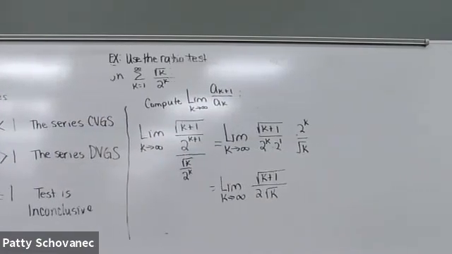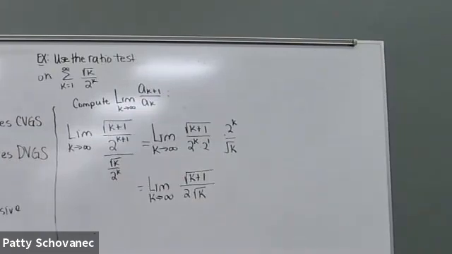Still want to catch up with you guys. Okay. So the a_(k+1) term divided by the a_k term, flip and multiply, a little bit of simplifying, and I can cancel the 2 to the k term.